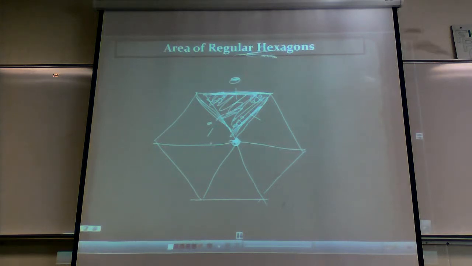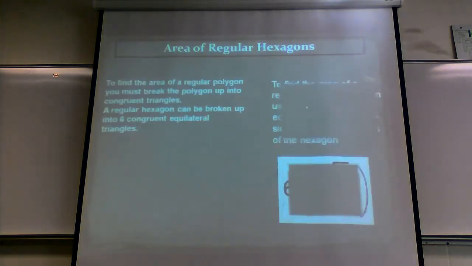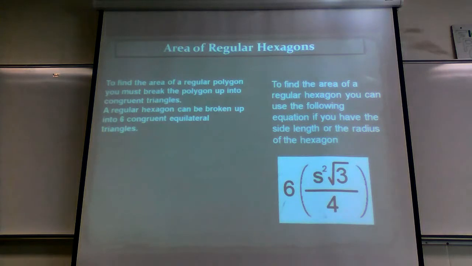So the formula for this is in essence just the equilateral triangle formula times 6, because regular hexagons are made up of 6 equilateral triangles. If I do the formula I just had up there for equilateral triangles, multiply by 6, I will have the entire area.